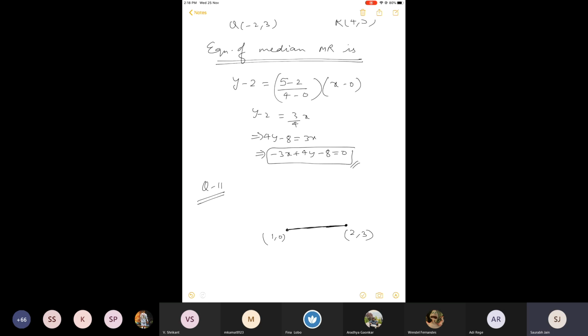Now there is a line which is perpendicular to this line segment and it divides it in the ratio 1 is to n. Let's say this line segment is AB. So this line is dividing this line segment in the ratio 1 is to n, and at the same time it is perpendicular to it also. We have to find the equation of the line.